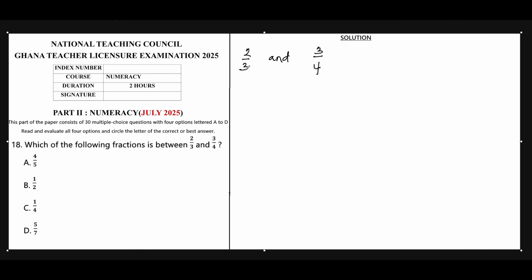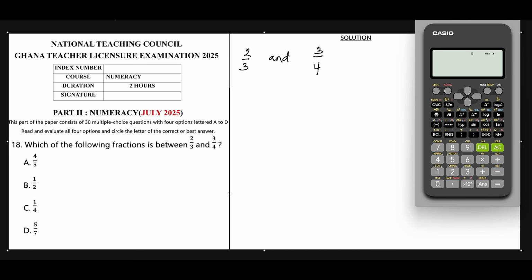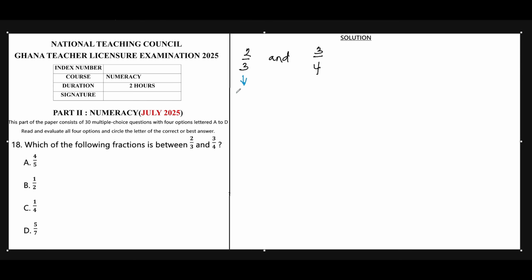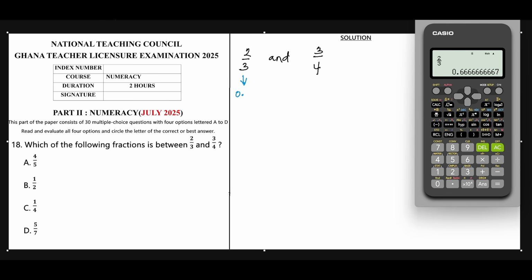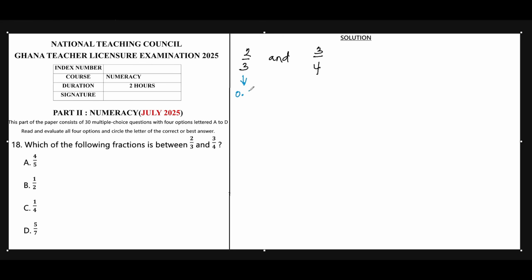Let's begin with 2 on 3. On the calculator, we enter 2 on 3 and press the equal sign. This gives 0.6666, that is a recurring decimal, it goes to infinity.